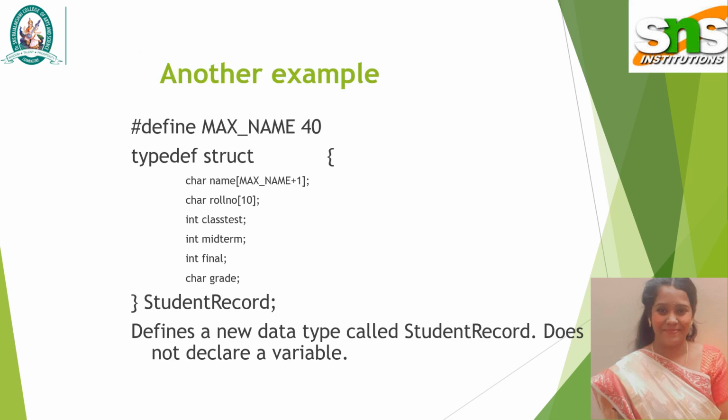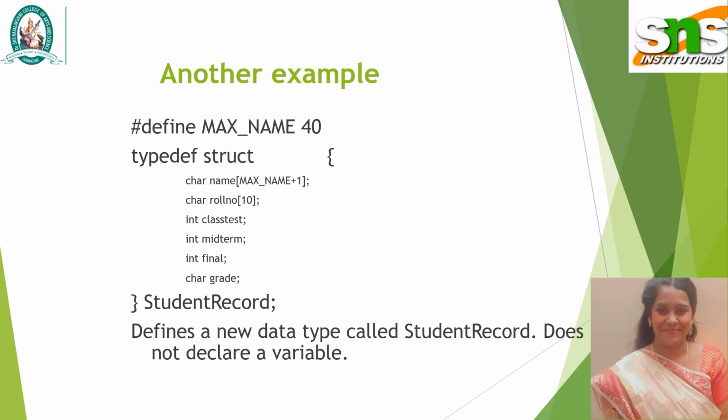So this is an example of how we use a structure in C programming. Now look at this program very carefully. We have used a defined symbolic constant with a variable MAX_NAME. The value of the variable is equal to 40, and we have used a structure with typedef, in which the variables inside the structure are name, roll number, class test, midterm, final, grade.